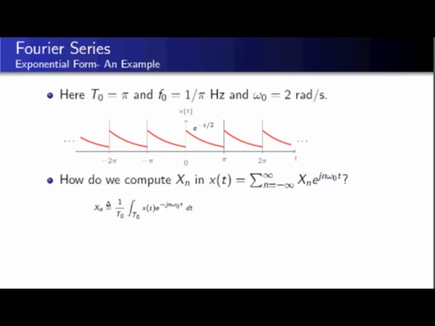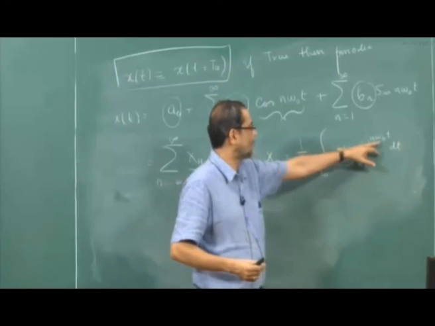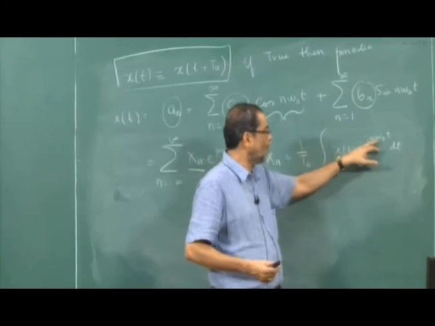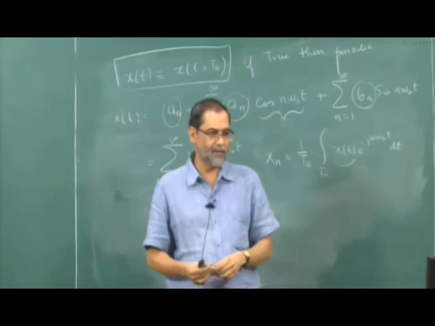So I've put out the definition of xn there, and then I substitute for x of t as e raised to minus t by 2 and carry out the integration. I know that omega naught is 2 here, so it is e raised to minus j 2 n t that appears in the integration.